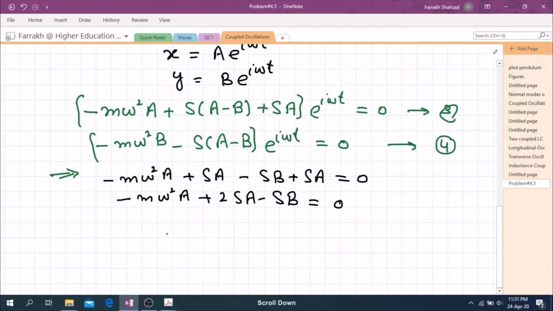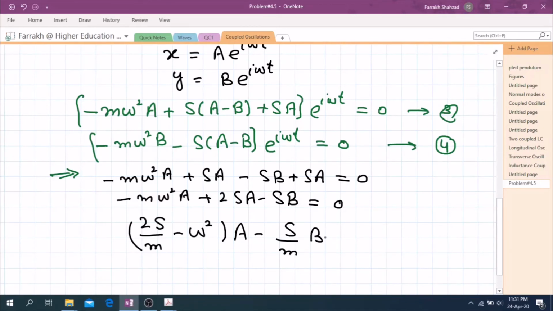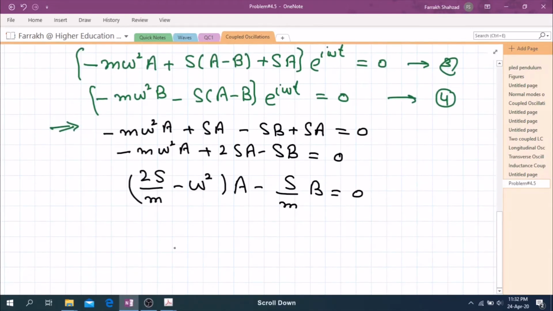If I divide the whole equation by m and take A common, it will be (2S/m minus ω²) into A minus (S/m) into B equals 0. I label it as equation 5.